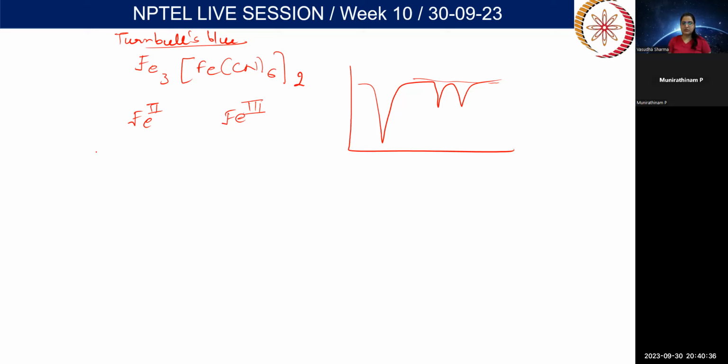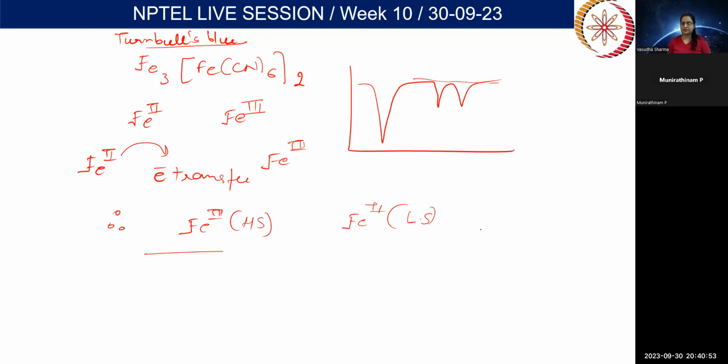Why does it happen? Because here an electron transfer occurs from the Fe2 to Fe3, and therefore it makes it the similar kind of Fe3 high spin as the outer one and Fe2 low spin as the inner one. So this is the same case as Prussian blue. That's why in case of these two complexes, which have different chemical formulas, one ferro, one ferricyanide, when we look at the Mossbauer spectroscopy, their spectra look exactly the same.